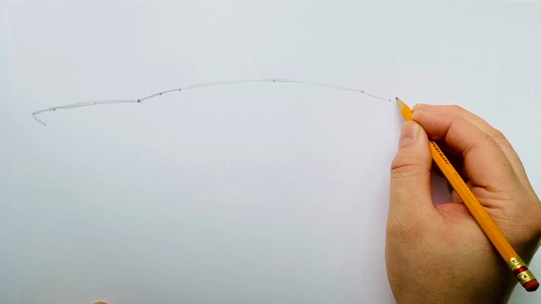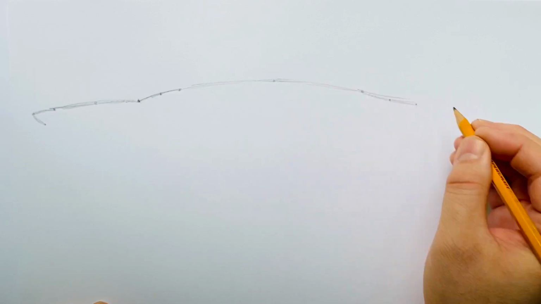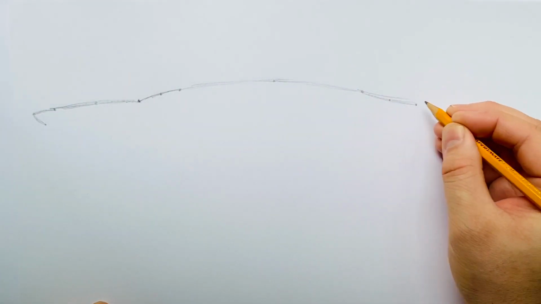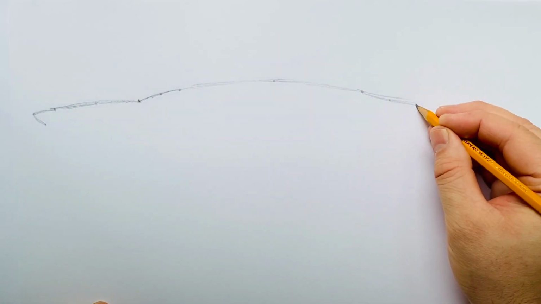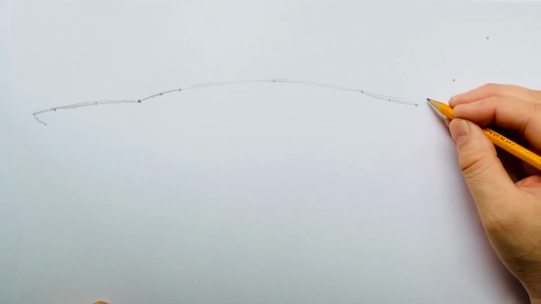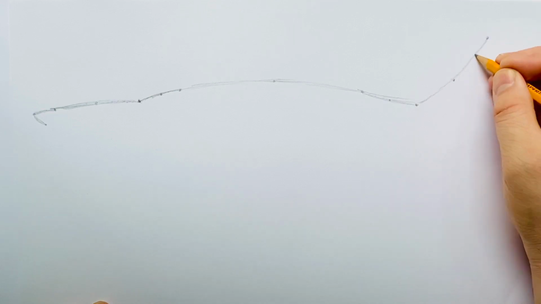Again, a very subtle curving line there. That looks pretty good. All right, so that's going to take us to the back side of the animal. Now from this point here, we'll put a point here and a point there, and then we've got a nice curve going in that direction.